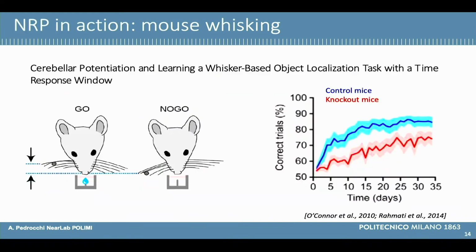We are also working on a new protocol about mouse whisking, which is about learning, having go and no-go trials depending on the position of a pole, which is read by the whisking.